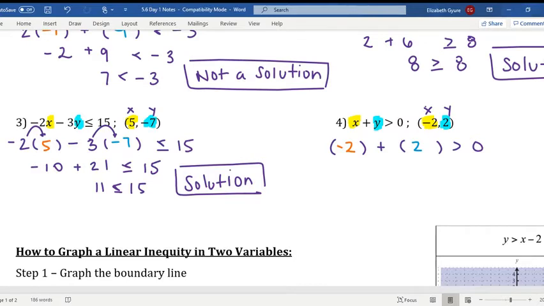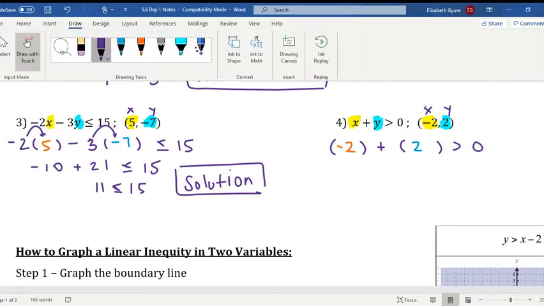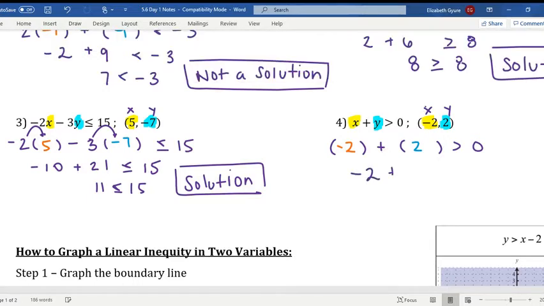So here, we might see the parentheses, but do you guys see anything that we can multiply? No, because there's nobody outside of my parentheses. So if it helps you, you could just drop those. And this is actually just -2 plus 2 is greater than 0. And can someone tell me what -2 plus 2 is? 0.